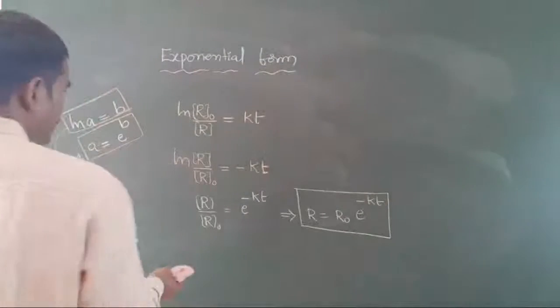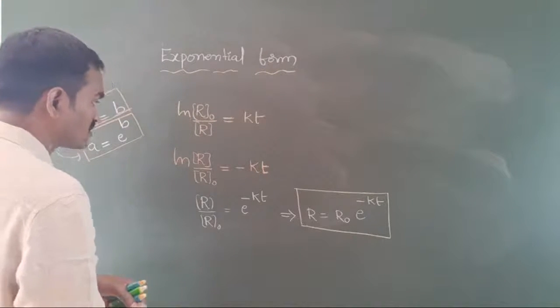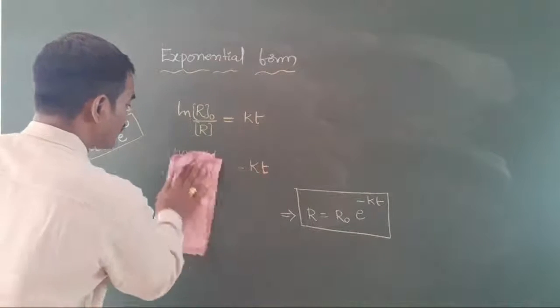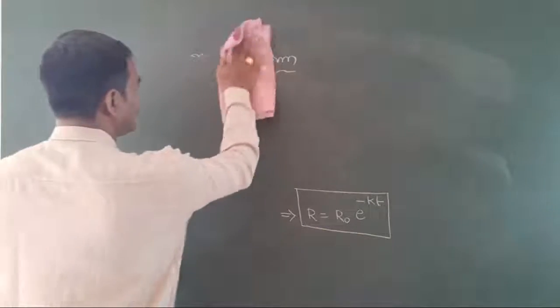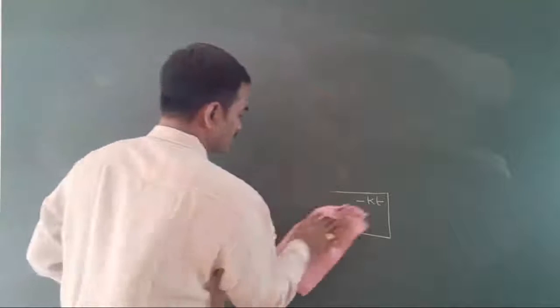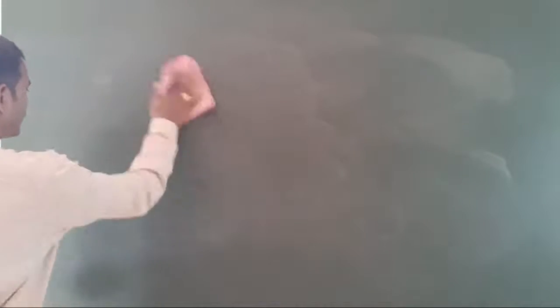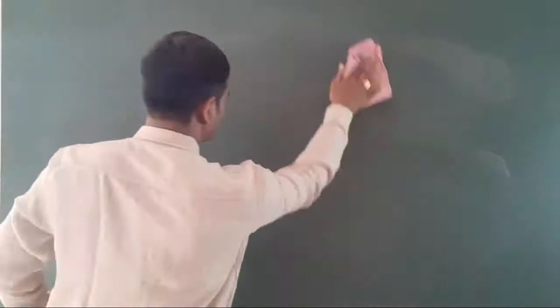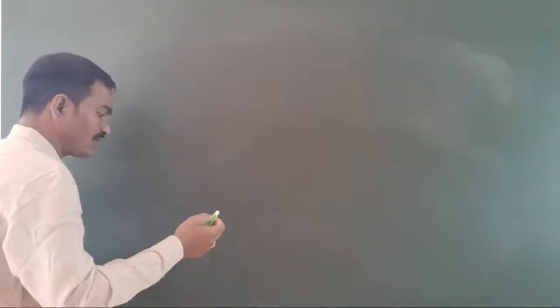Right. So after this exponential form, next we are going to focus on the first order gaseous reactions. So what are the first order gaseous reactions? What is the integrated equation for that? Now it is a very easy and major point.